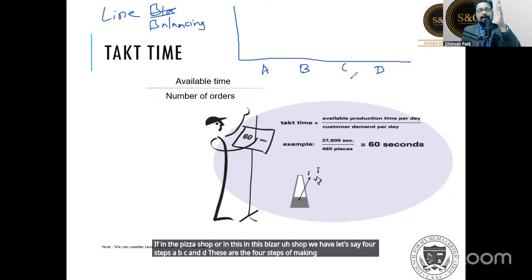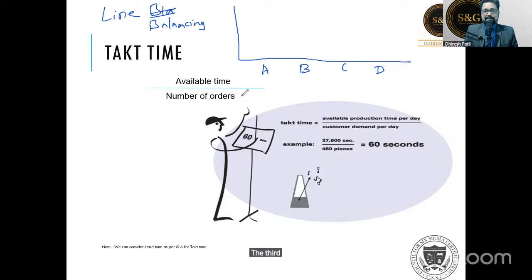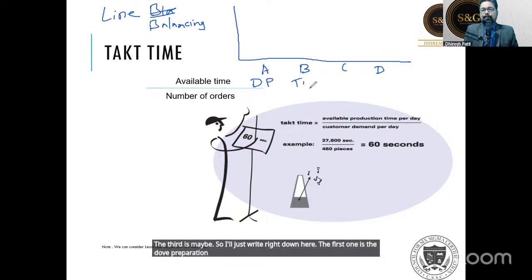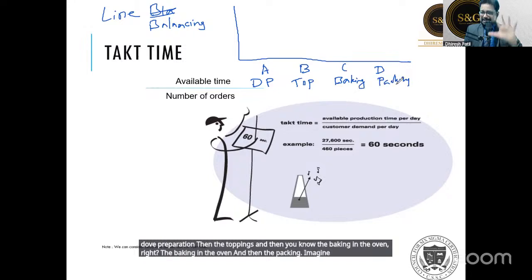The first one is the dough preparation, then the toppings, then the baking in the oven, and then the packing. Imagine these are the 4 stages, just for simplification.